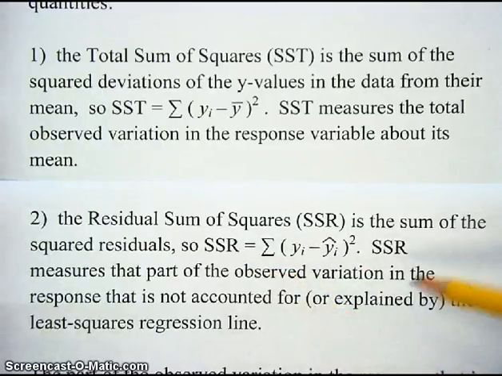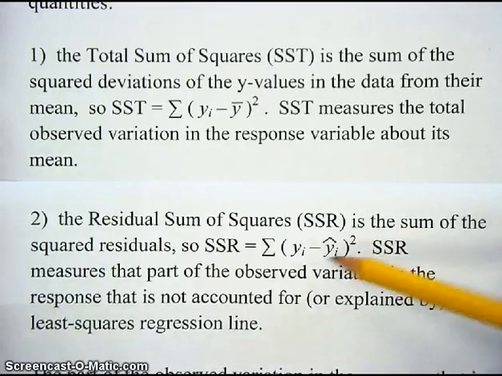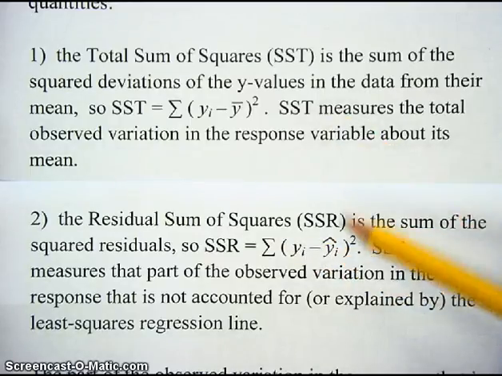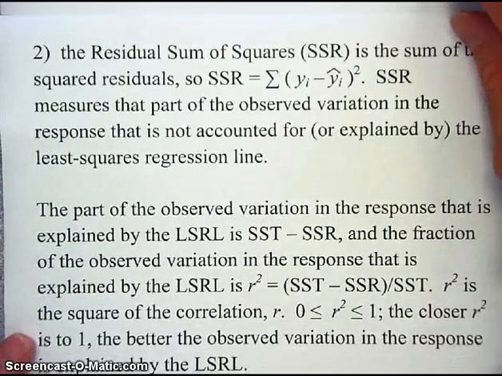This is the part of the observed variation in the y variable that is not accounted for or explained by the least squares regression line. Now, ideally, this would be a very, very small quantity relative to that SST, and that would mean that our best fit line was doing a really good job of accounting for the variation in y that we see.